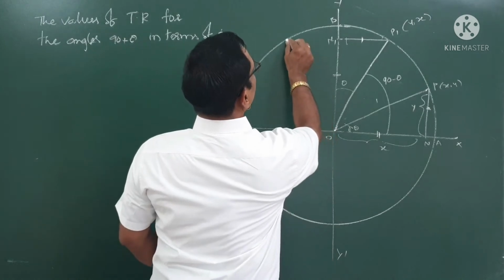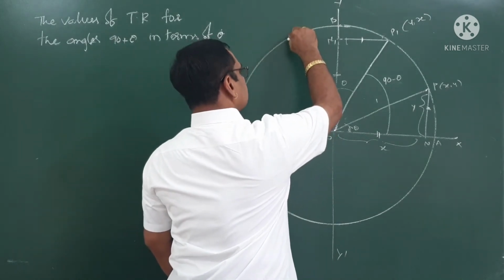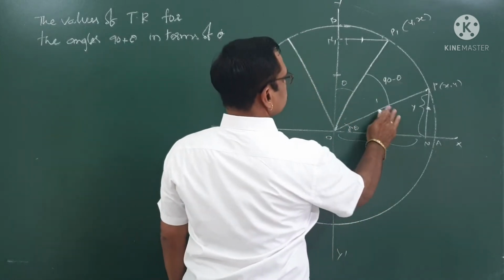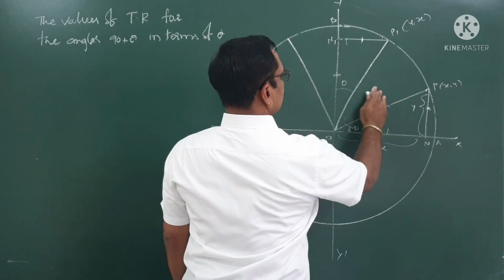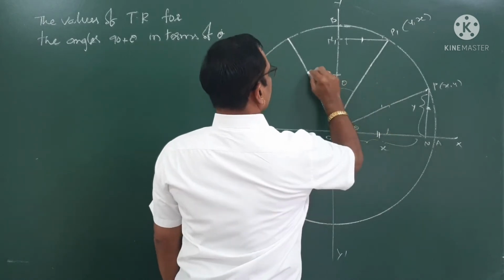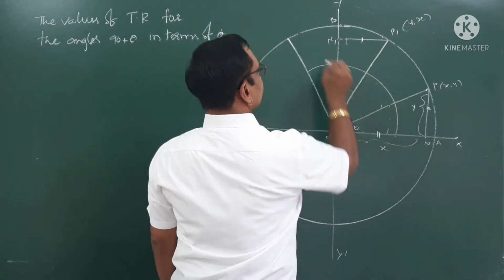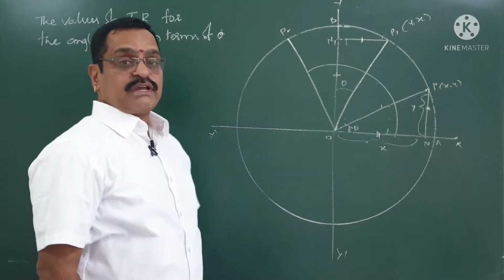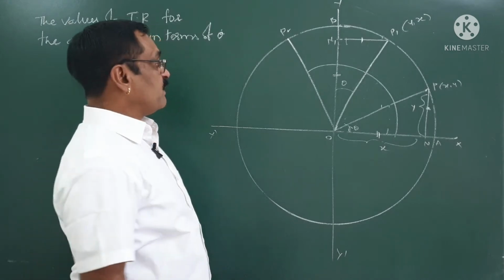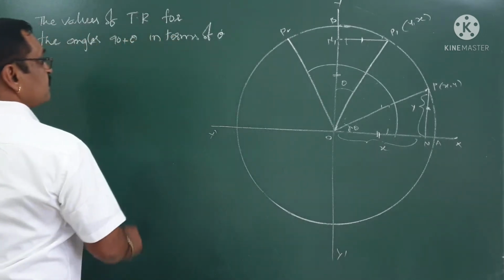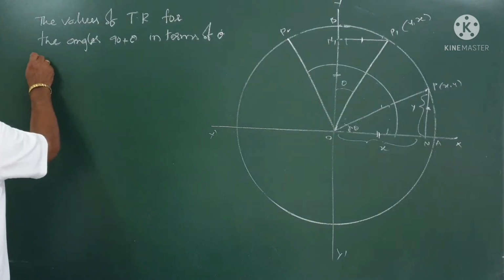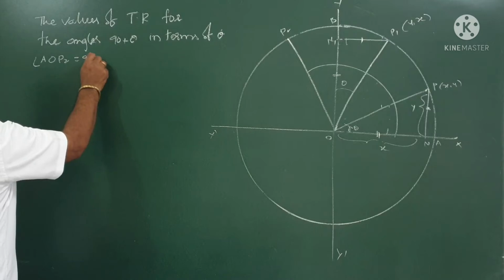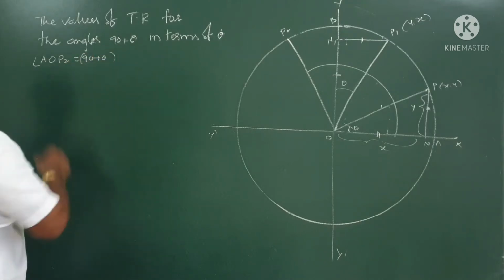I further move another angle of theta, so that the new position is, say for example, P2. Angle AOP2 is equal to 90 plus theta.